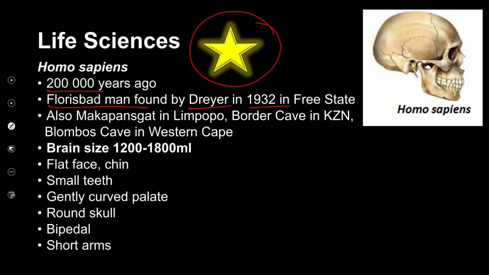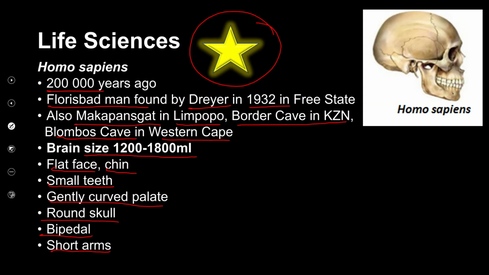We also found examples at Makapansgat in Limpopo, in Border Cave in KwaZulu-Natal, and in Blombos Cave in the Western Cape. The brain size was between 1,200 and 1,800 milliliters.